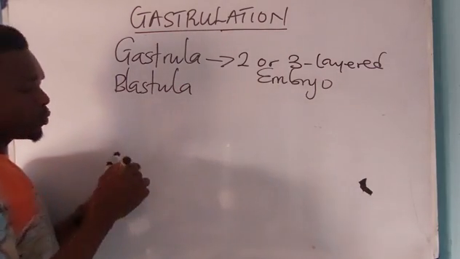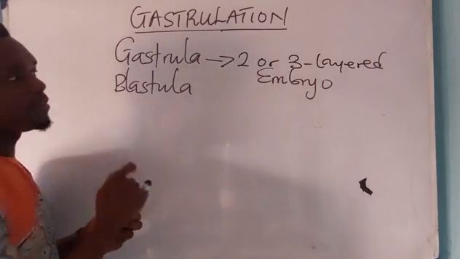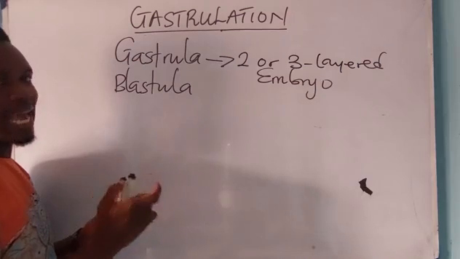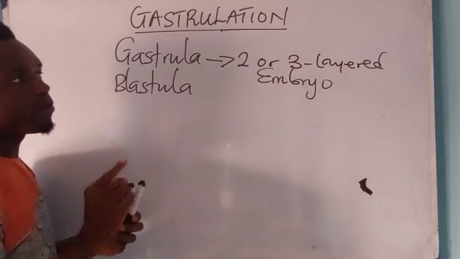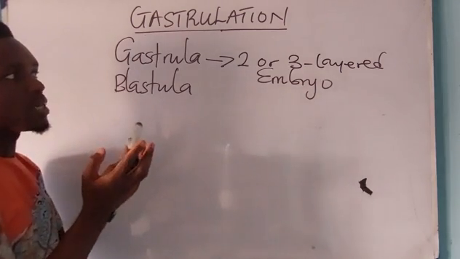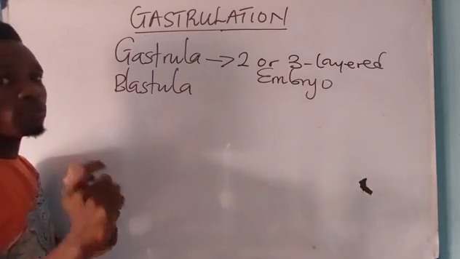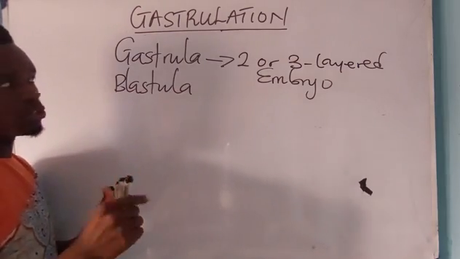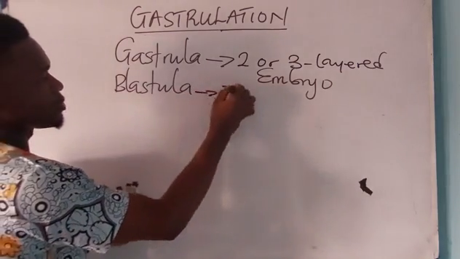Now, fertilization involves the fusion of the male and female sex cells, called the sperm and egg respectively, to form the zygote. All these processes occur in the fallopian tube of the female. As soon as the zygote is formed via fertilization, what happens?